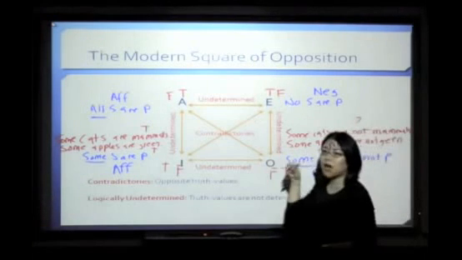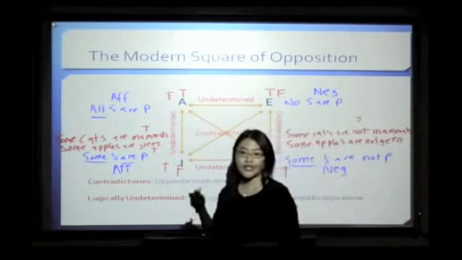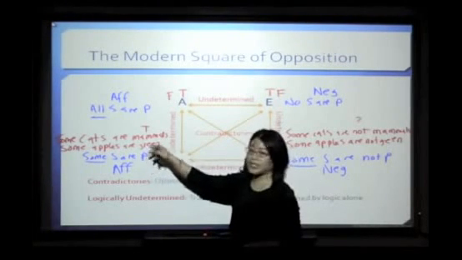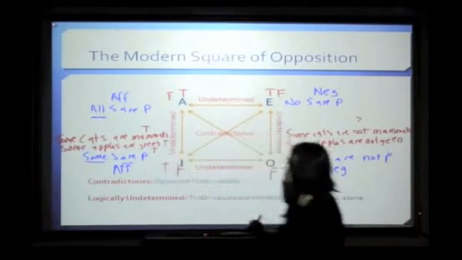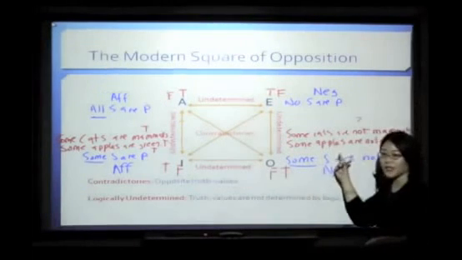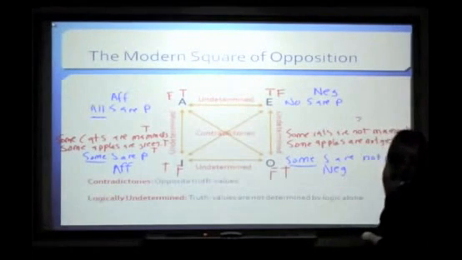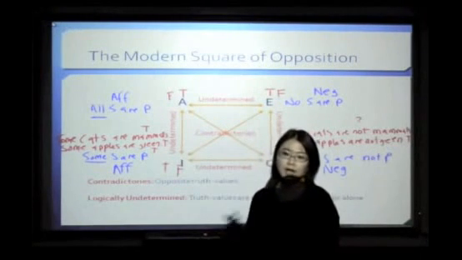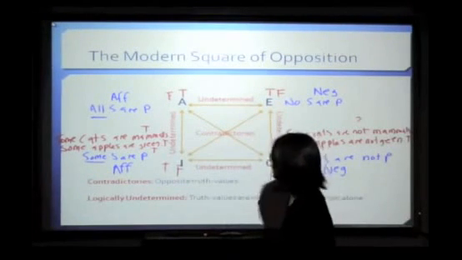We'd have to go to the content or the information that's actually contained in this statement. So in this case, some apples are green is true, and some apples are not green is also true, okay? Because we know that there are apples that are not green, red apples, yellow apples, etc., okay?